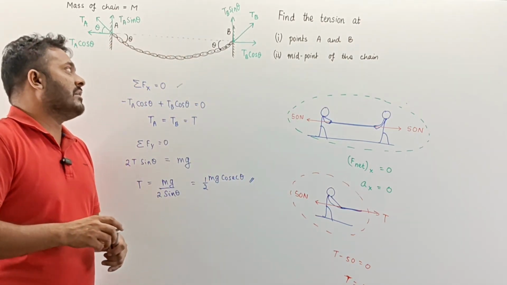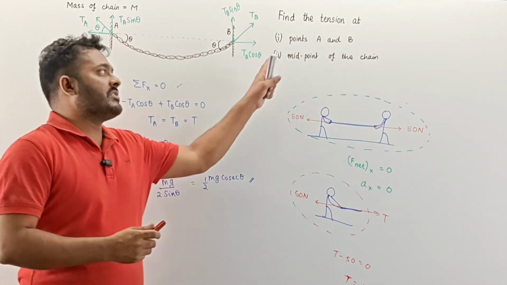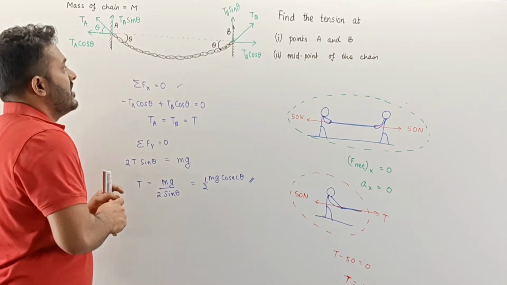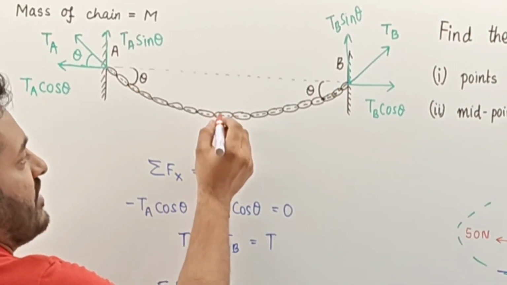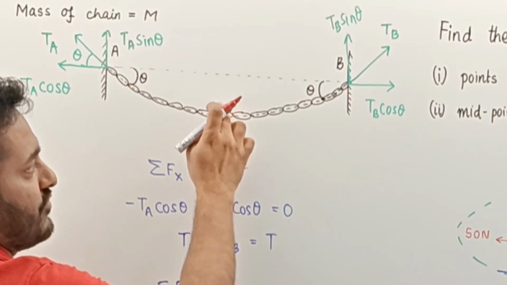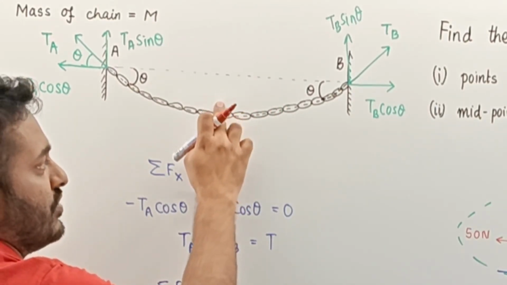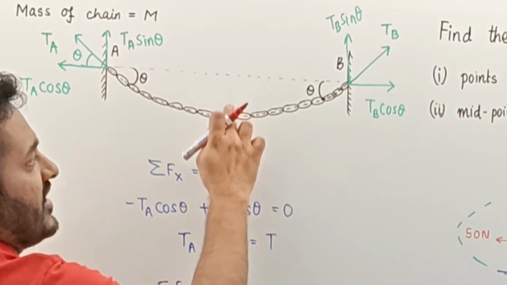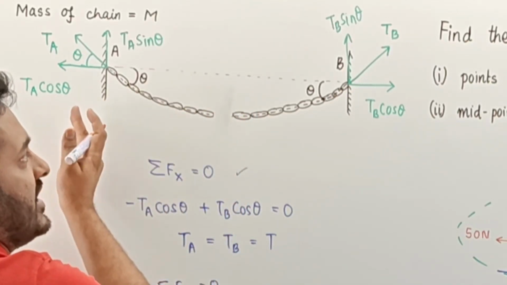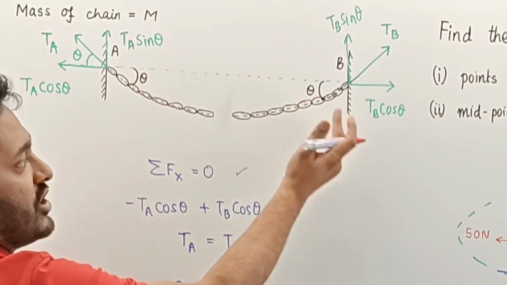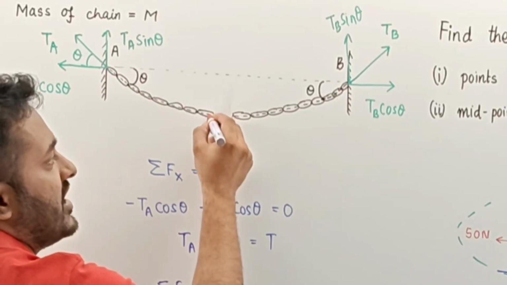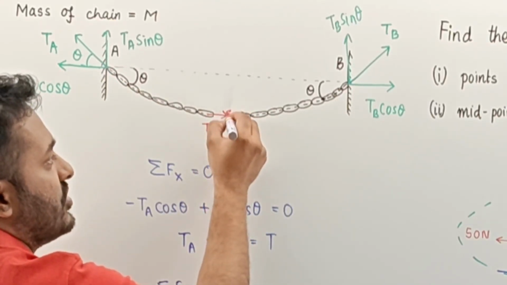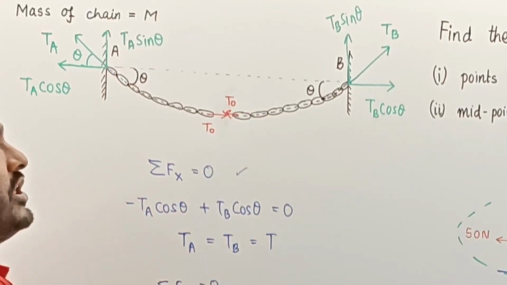Now, the second part of the problem is asking us the tension at the midpoint of the chain. Over here, to calculate the tension at the midpoint of the chain, if we draw two different FBDs, the chain on the left hand side and the chain on the right hand side, then this tension is T naught and the tension on the left hand side is also T naught.